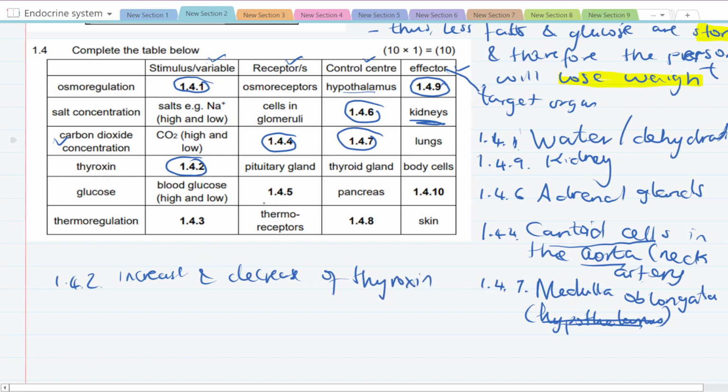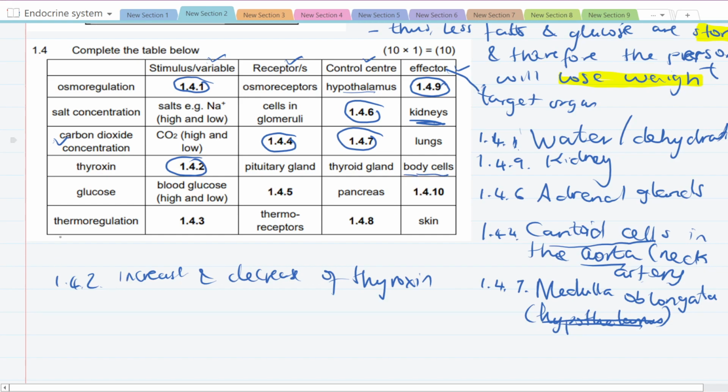Then the receptor is found in the pituitary gland, and the thyroid gland will be your control center because it is the one that is secreting thyroxine. And of course, the target organ will be the body cells because that is where cellular respiration takes place.